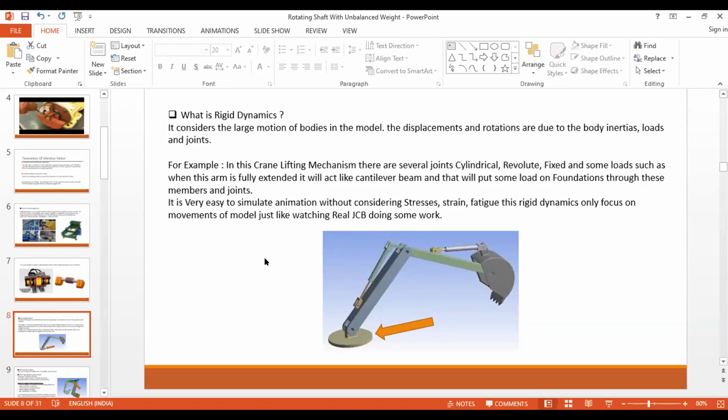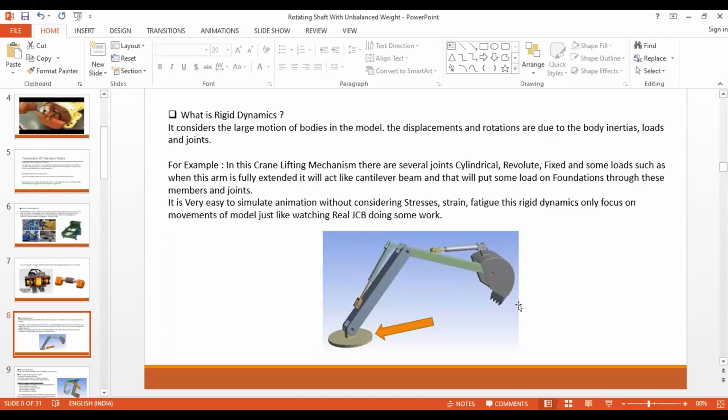It is very easy to simulate animation without considering stresses, strain, and fatigue. Rigid dynamics only focuses on movements of the model, just like watching a real JCB doing some work. In rigid dynamics, you will get to know only the joints or mechanism.